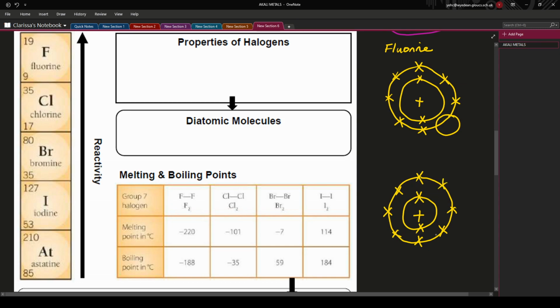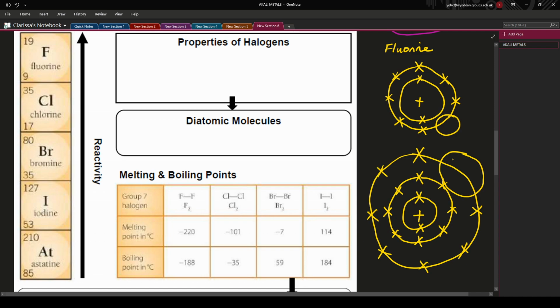So that I have 10 electrons put down, and then I have 7 electrons left to put down on the outermost shell. 1, 2, 3, 4, 5, 6, 7. Once again, notice that there's space for 1 more electron on that shell before it becomes that full 8.